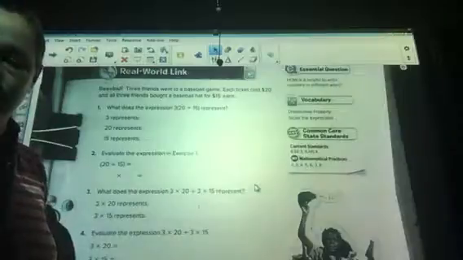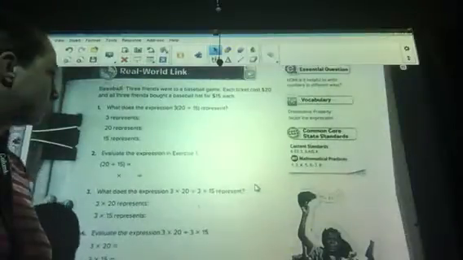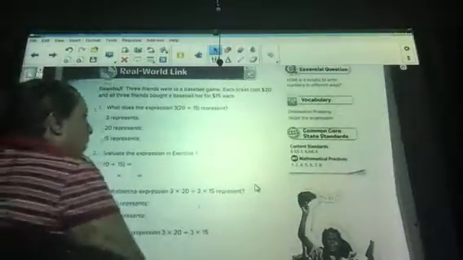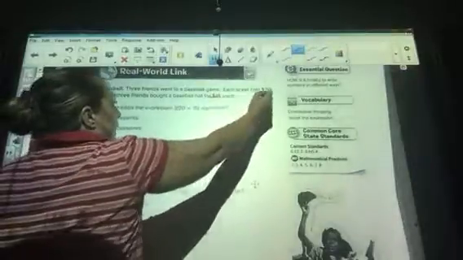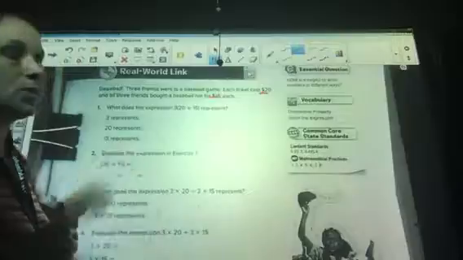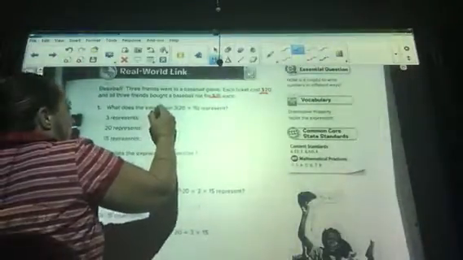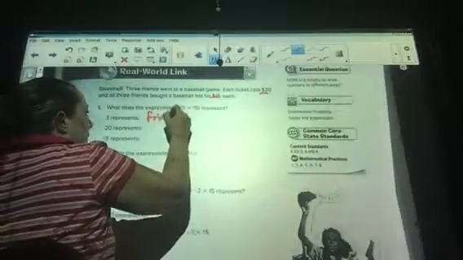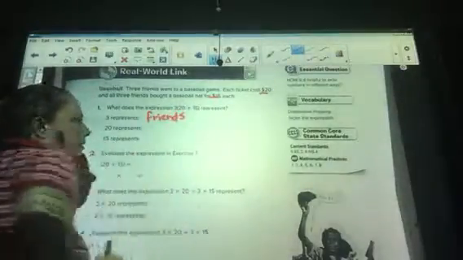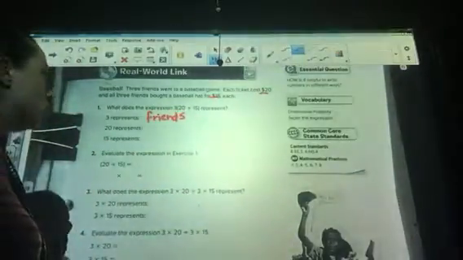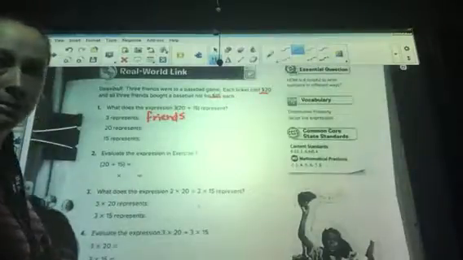Well, what does a 3 represent? Let's think about it. We have 2 values here and here. We have a $20 and a $15. So that takes care of those. What is this 3? Right, that's how many friends. So the 3 represents friends. So what does a 20 represent?